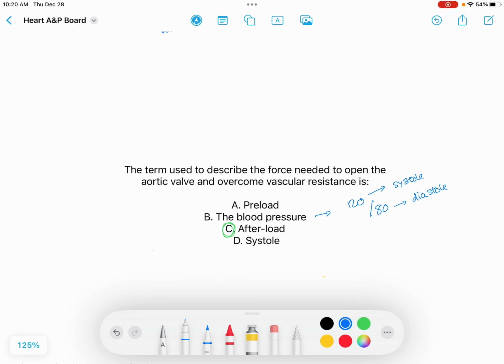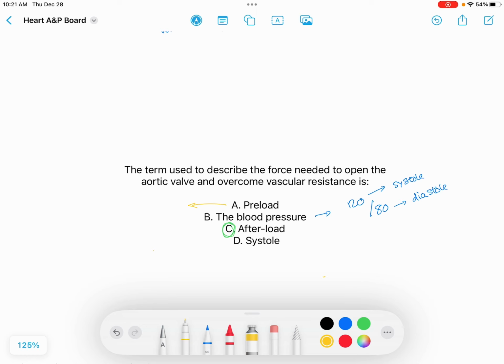Preload is another important thing to have an idea about. At the EMT level, it's not super critical to know much about this. At the paramedic level, you'll be expected to know a little bit more about it and how it's important and certain correlations to that.